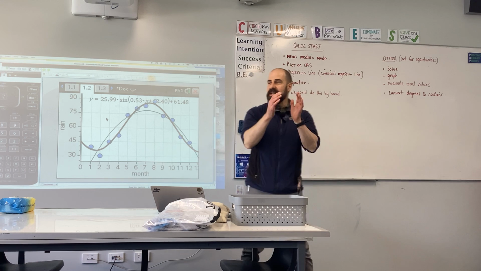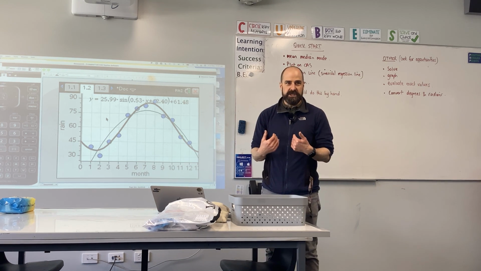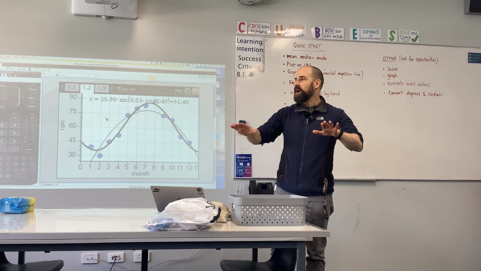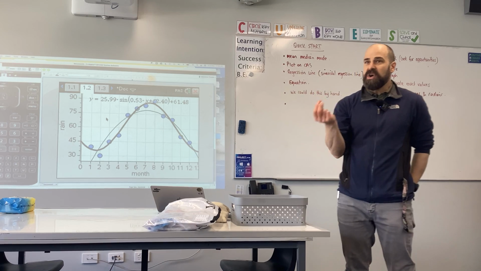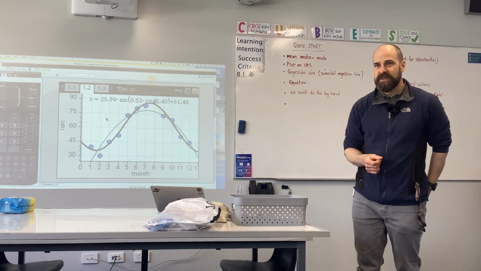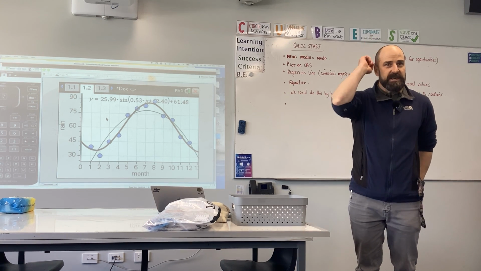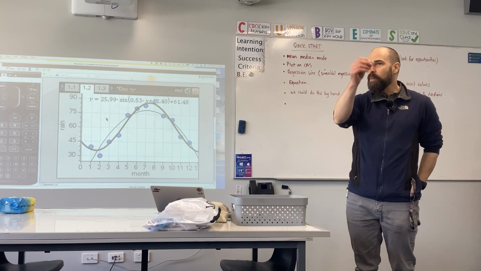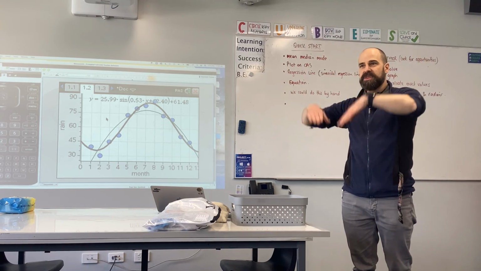Why else, and this is where we go to context, real life, maths, we want you to build in context. Think outside the points and the data. Why else do you think that a sinusoidal graph would be good to represent this data, Marshall? It makes sense because it fluctuates with the different seasons. Perfect. So it's about rain, and we know that rainfall is cyclic with the different seasons.